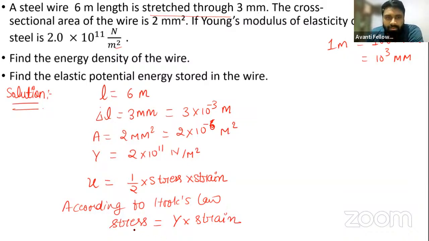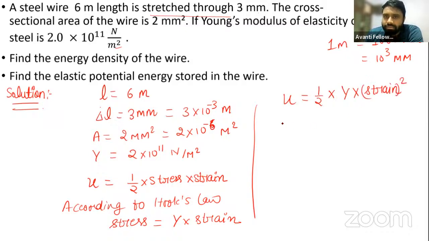Okay. Now put the value of this stress in this expression. So energy density would become u is equal to 1 by 2 times Y into strain square.